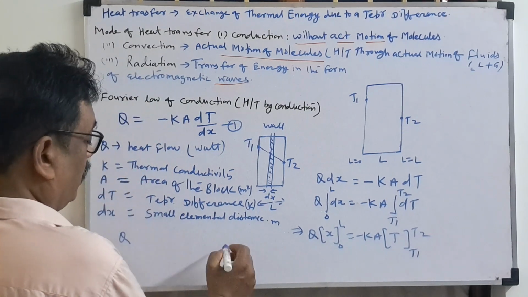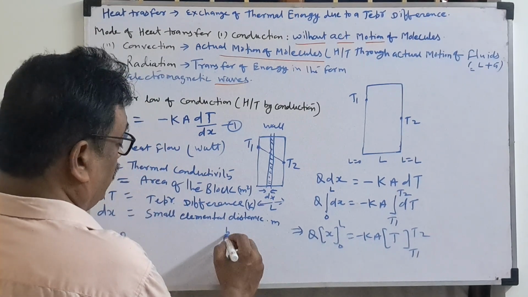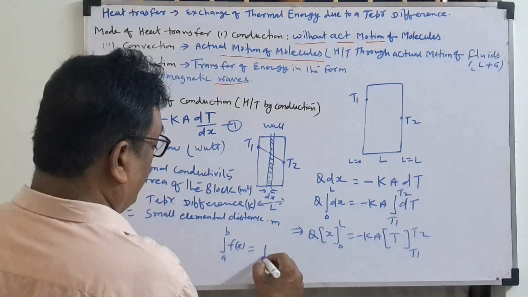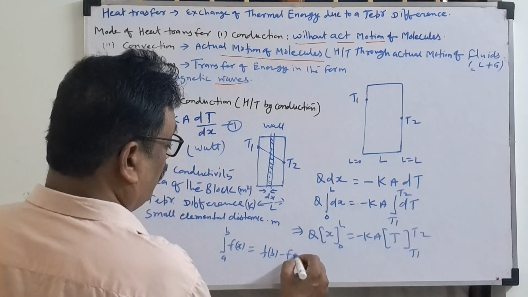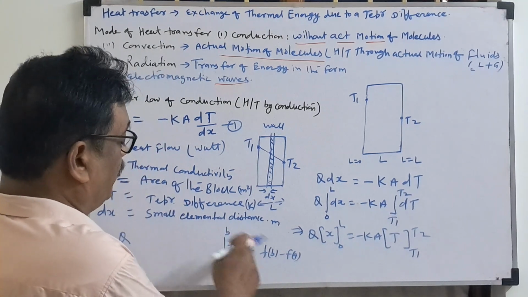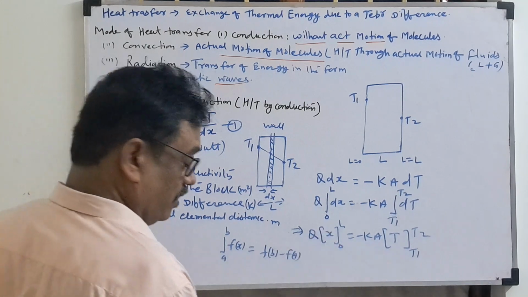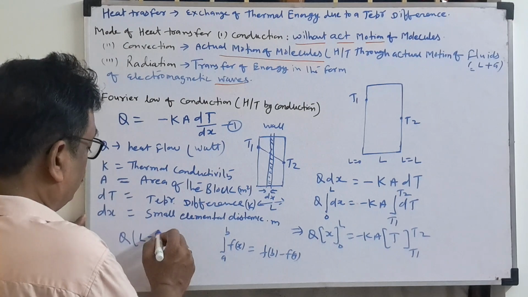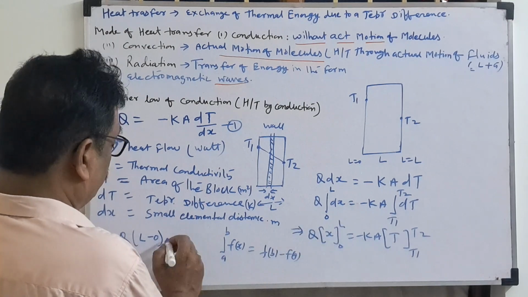Already you know, suppose a and b, f(x) is a function, then how will we apply the limit? Upper limit minus lower limit. Like this we have to write. So here for x, what will come? Upper limit L minus 0.